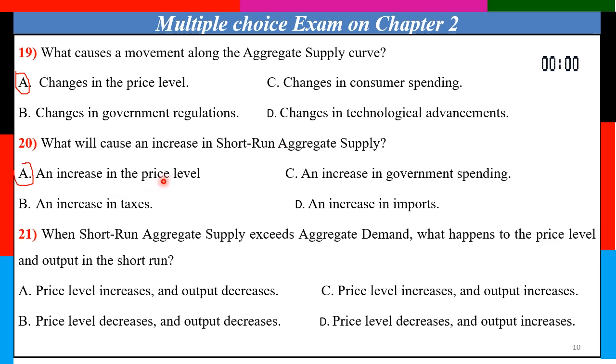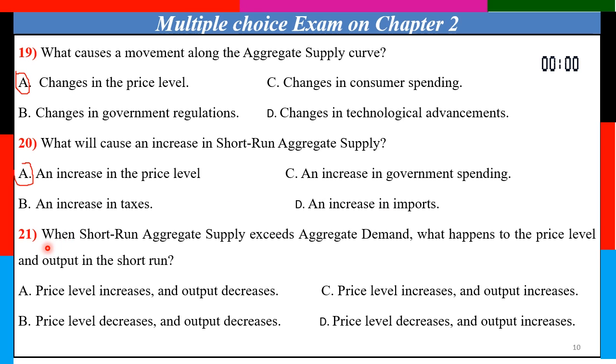The rest do not cause the aggregate supply to increase. An increase in tax causes the aggregate supply to decrease, not increase. Government spending is not related to the aggregate supply. An increase in imports is again not related to the aggregate supply.